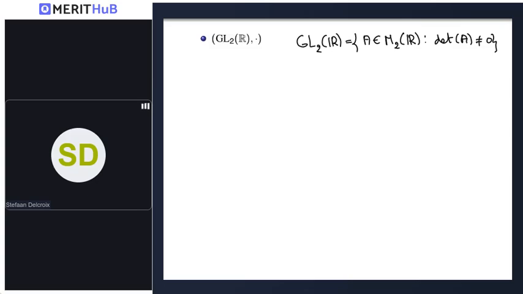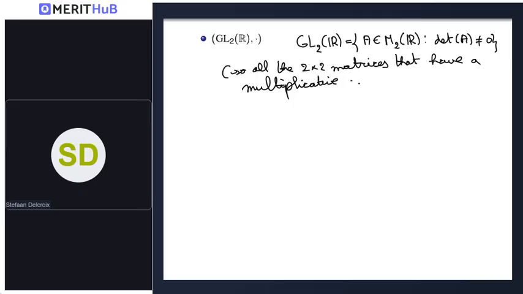So it's all the ones that have an inverse, all the 2 by 2 matrices that have a multiplicative inverse. You might say, well, that's kind of cheap. If you're only looking at the ones that have an inverse, of course they're going to have an inverse. True, but it's a pretty big set.